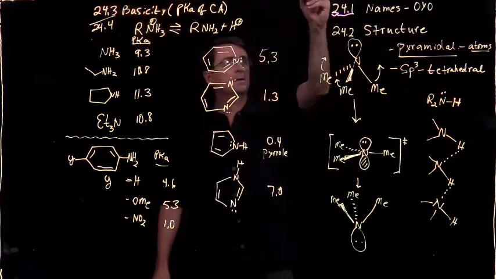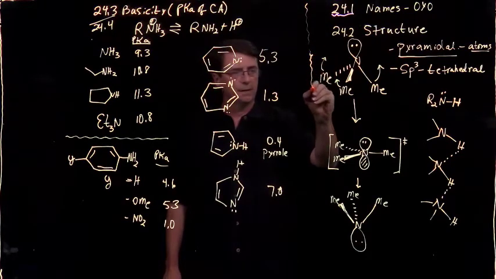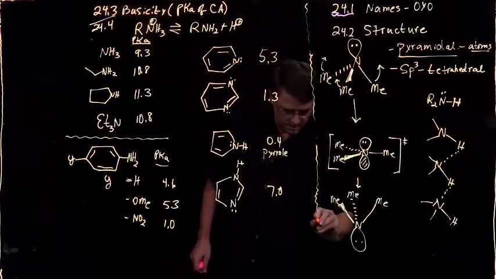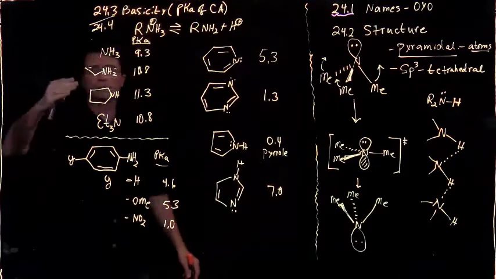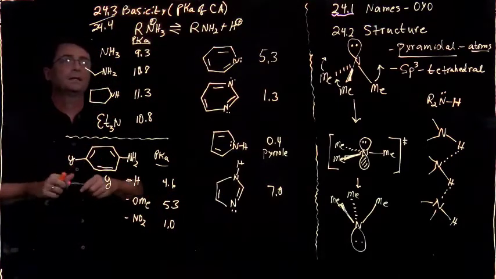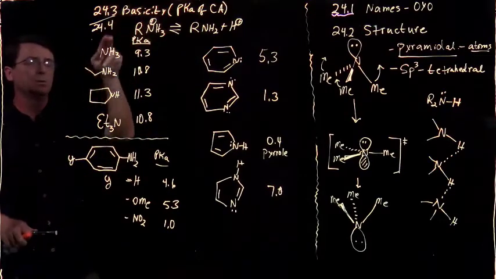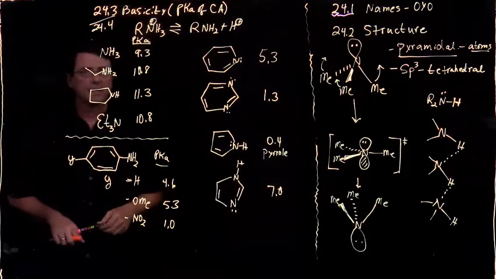All right, so the other key property that we want to be very aware of here, and it's very important for our study of amines, is the basicity. And I have a table here for us already laid out on basicity, and I've combined sections 24.3, the fundamentals about basicity, with 24.4, which has to do with aryl amine basicity.